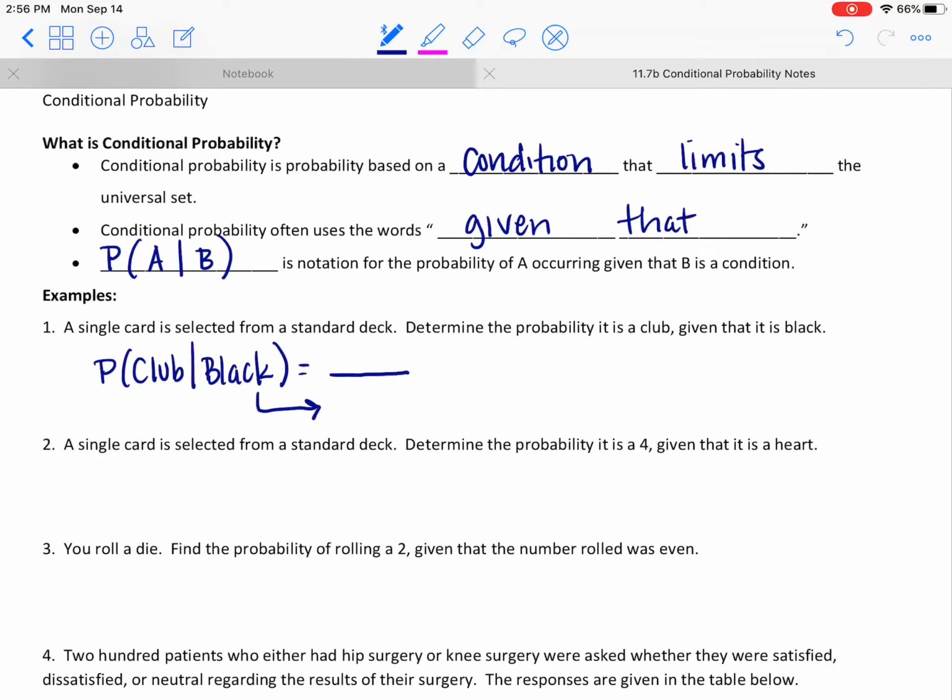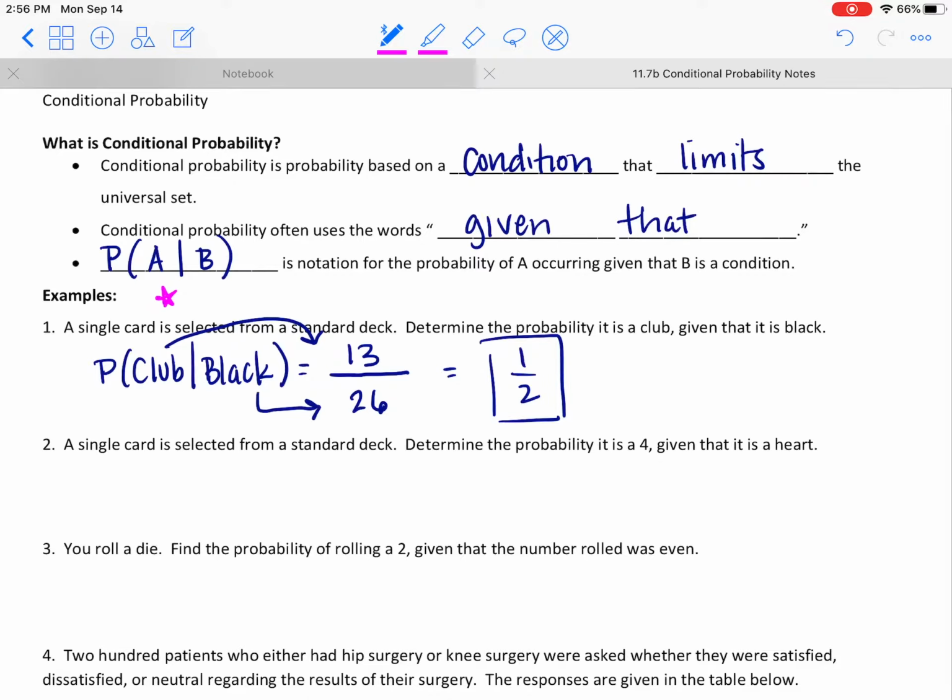How many black cards are in the deck? There are 26. Of those 26 black cards, how many are clubs? Well, 13 are clubs. And so this makes the answer 1/2. The probability of getting a club normally would be 1/4, but because we're only looking at the black cards, it's now 1/2.